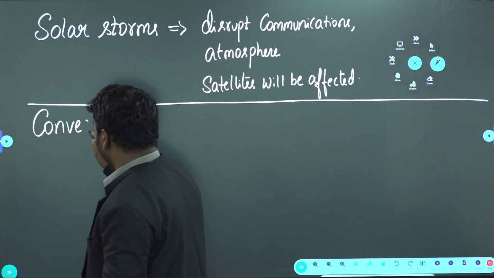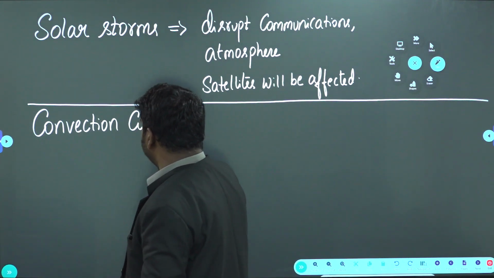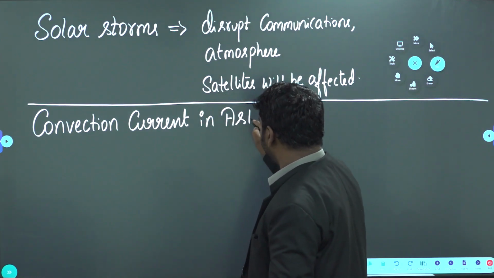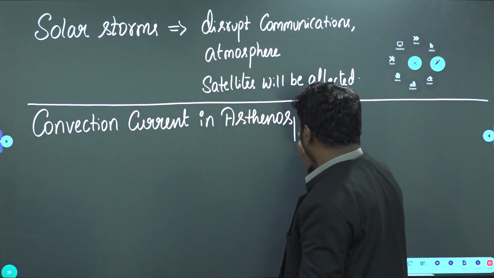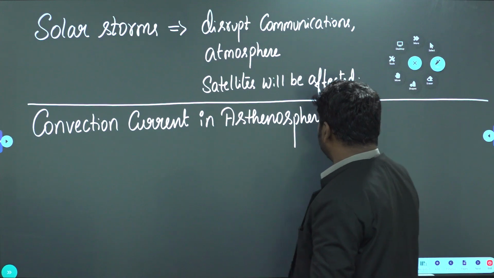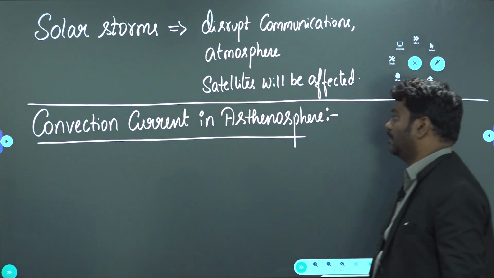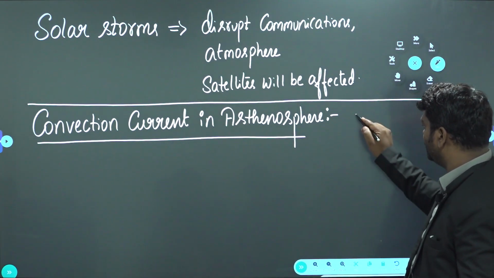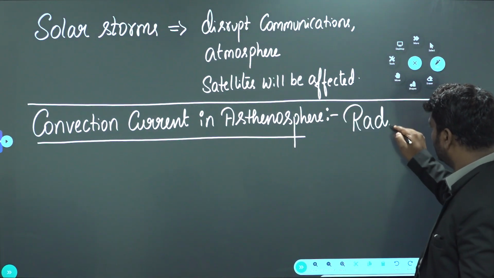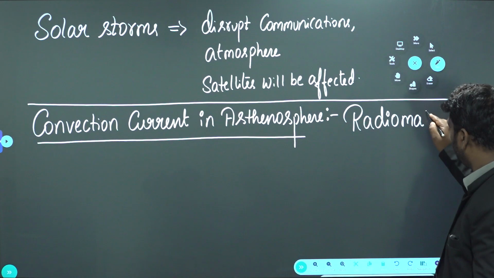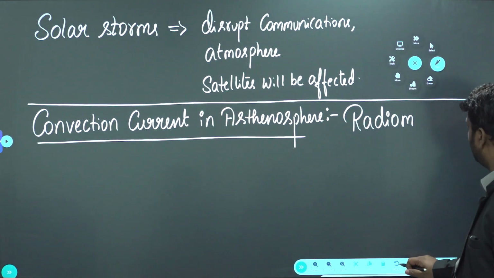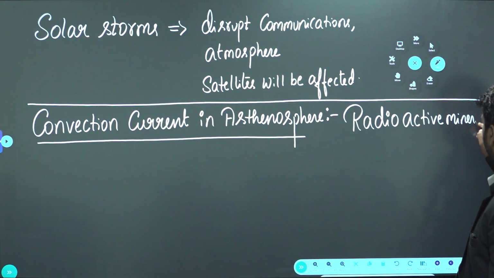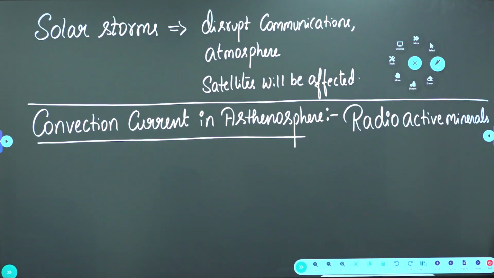If we say convection current in asthenosphere, okay, the liquid medium moving in asthenosphere is due to, if they ask you what is the reason for liquid movement, is due to radioactive minerals and what is the second one?